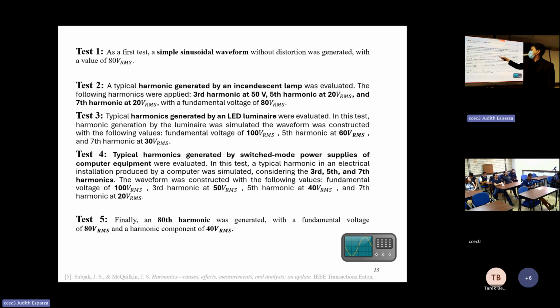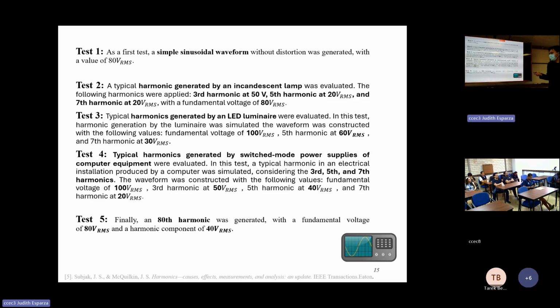Test three is generated by LED luminaires, with a fundamental of 100 volts and the 5th and 7th. Test four is generated by switched-mode power supplies from computers and others, the 3rd, 5th, and 7th harmonics.